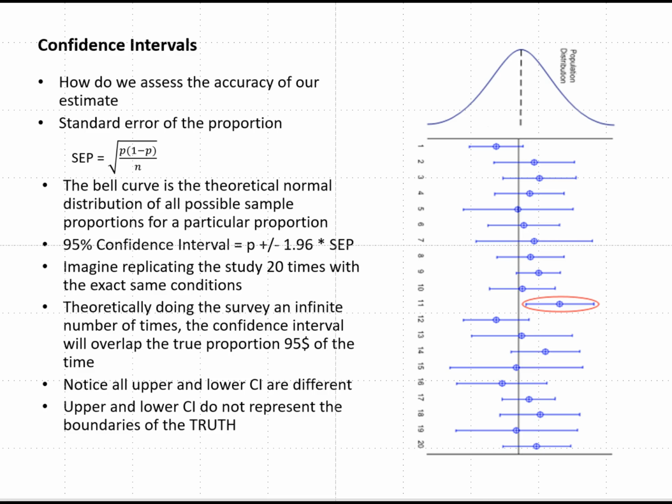You have 1 minus P, which is, in this case, 30%. It's those people that said they were dissatisfied, so it's P times 1 minus P, divided by N. So you can see that the larger number of people you sample, the smaller this error is.